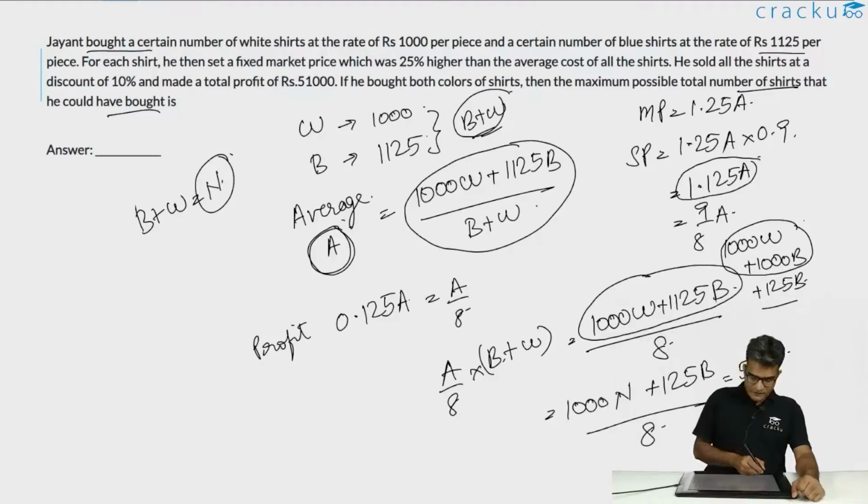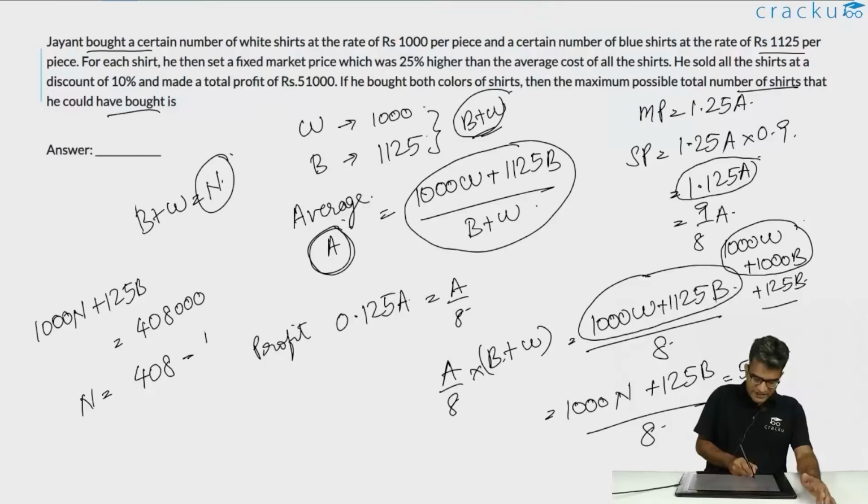Or the value of 1000 N plus 125 B is equal to 51,000 into 8, which is 4 lakhs and 8,000. If you divide the entire equation by 1000, N is equal to 408 minus B by 8.